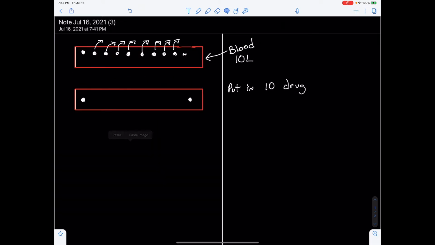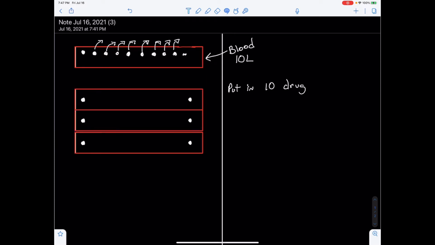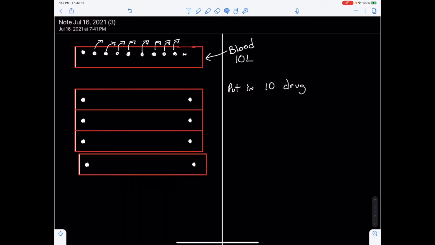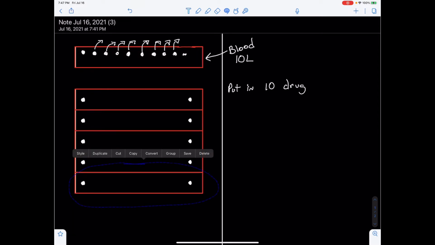So the only way I can get to my 10 is to say, well, there must be more blood there, or there must be a larger distribution. 1, 2, 3, 4, 5, 6, 7, 8.